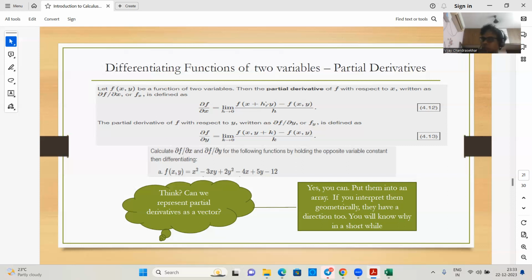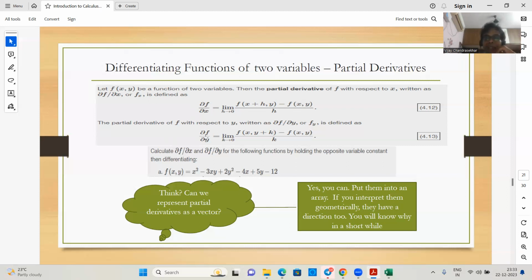This is very similar. You keep y constant, change x by a small amount. Maybe we could have called this delta h instead of h, but it's okay. It doesn't really matter. So this expression gives us the partial derivative of f with respect to x.